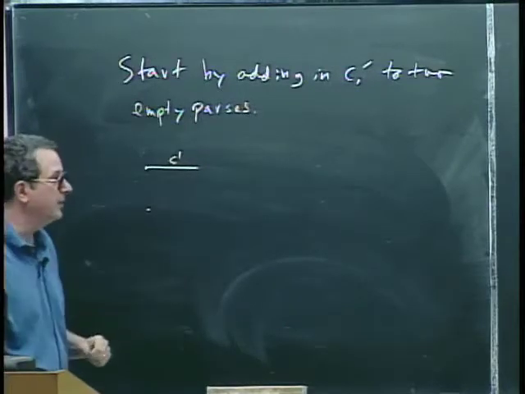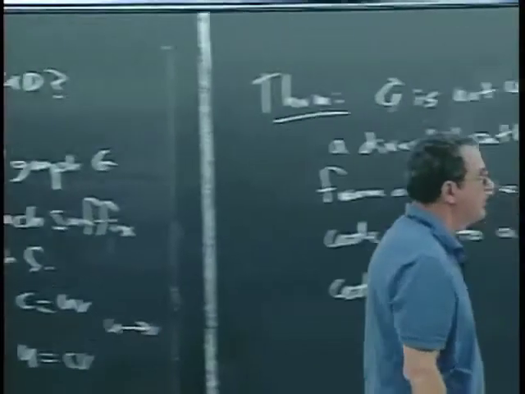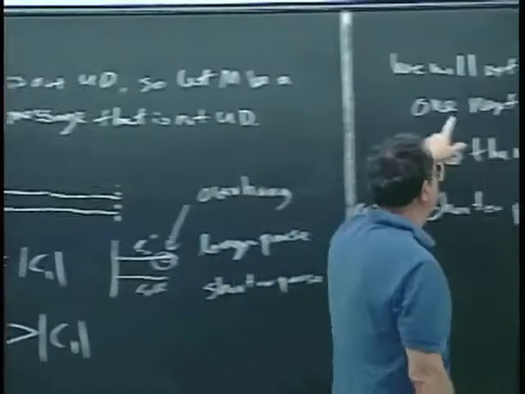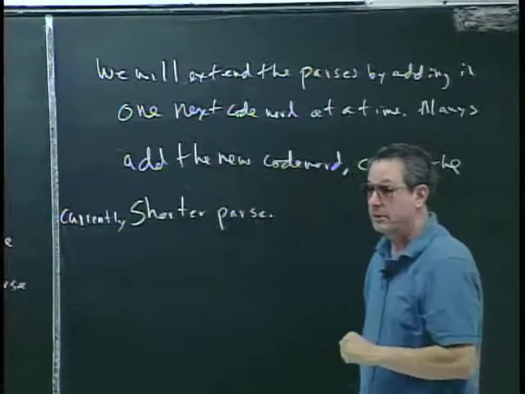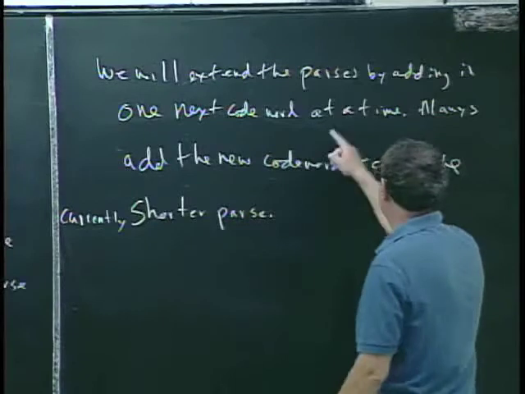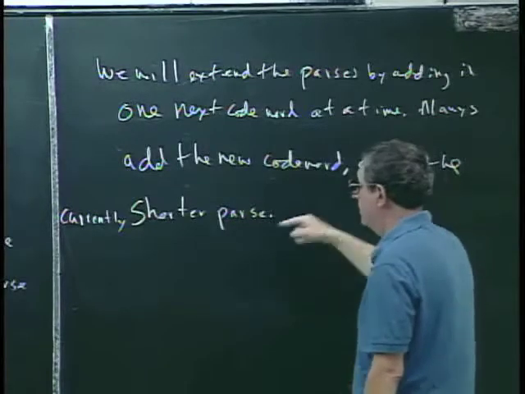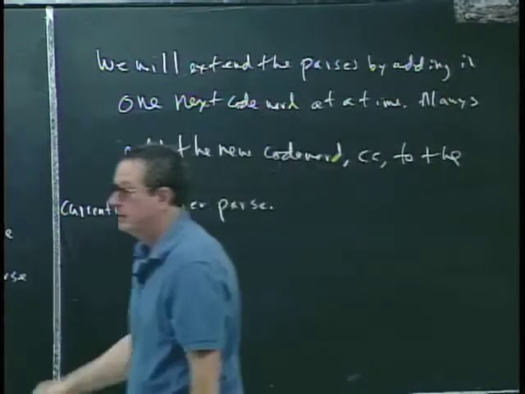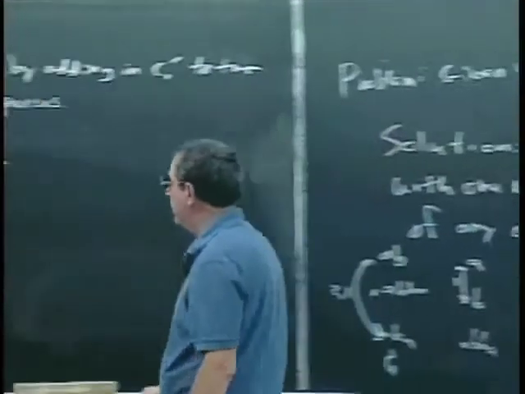C1 prime. Okay. So the rule says we should next extend the parses by adding in one code word at a time. Always add the new code word to the currently shorter parse. So the currently shorter parse is the empty parse, which means that we're going to add in C1.